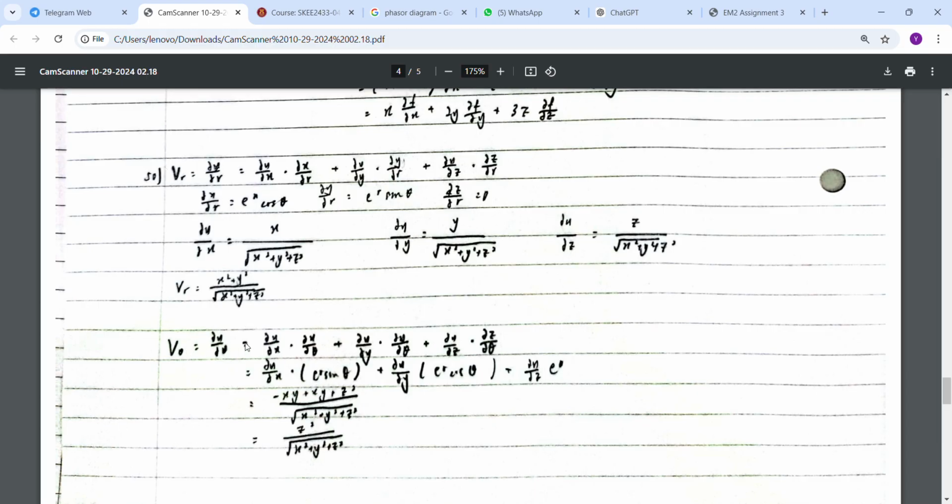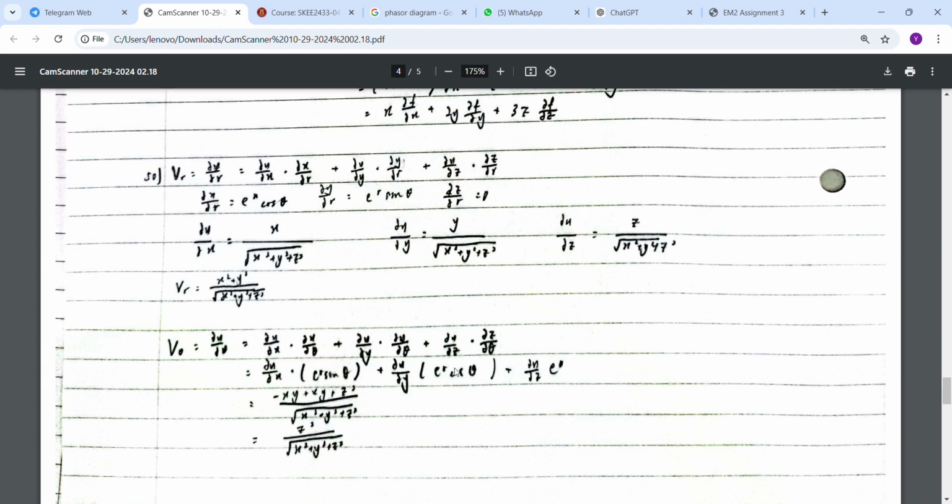We find the equation first. dv over d delta is equal to delta u over delta x multiplied by delta x over delta, plus delta u over delta y multiplied by delta y over delta, plus delta u over delta z multiplied by delta z over delta.